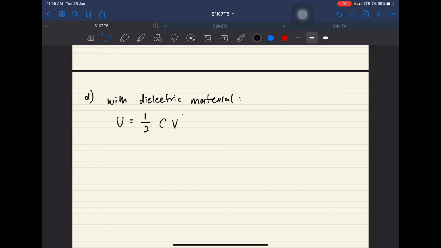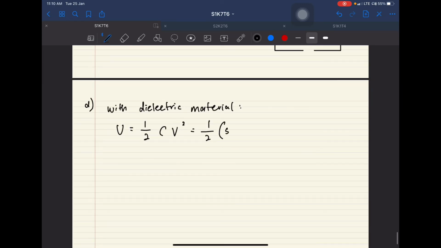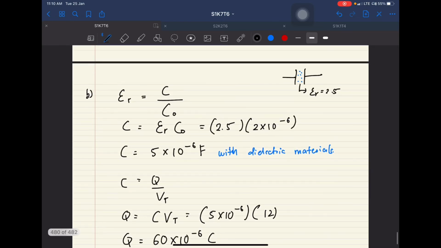This is my favorite equation. The C with dielectric material is 5, and then the V is equal to 12. This comes from the previous one.